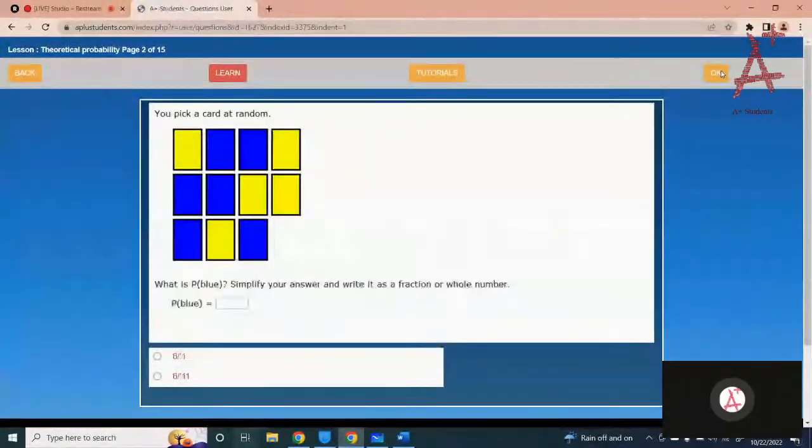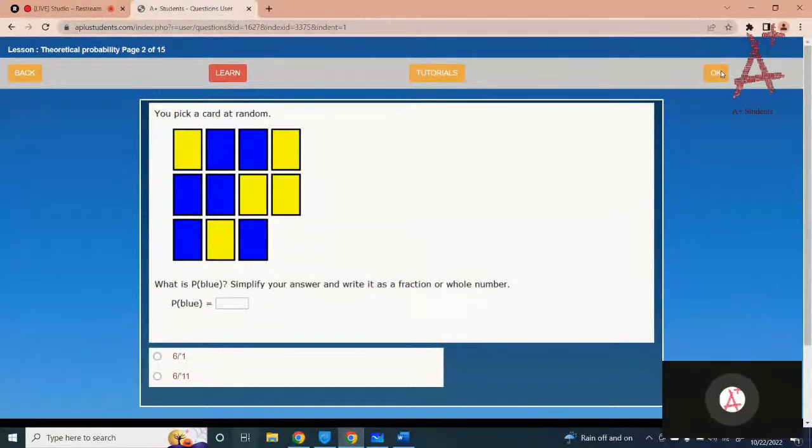Okay, the next one is you pick a card at random. What is the probability of blue? Simplify your answer and write it as a fraction or whole number. Okay, so you need to count the blue cards. How many blue cards do we have? One, two, three, four, five, six.